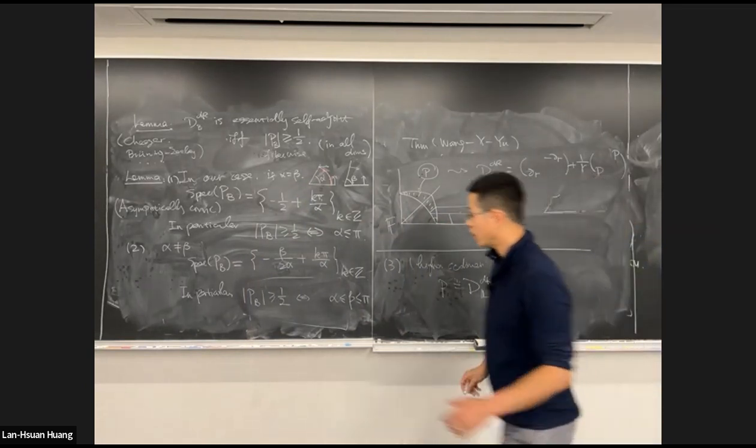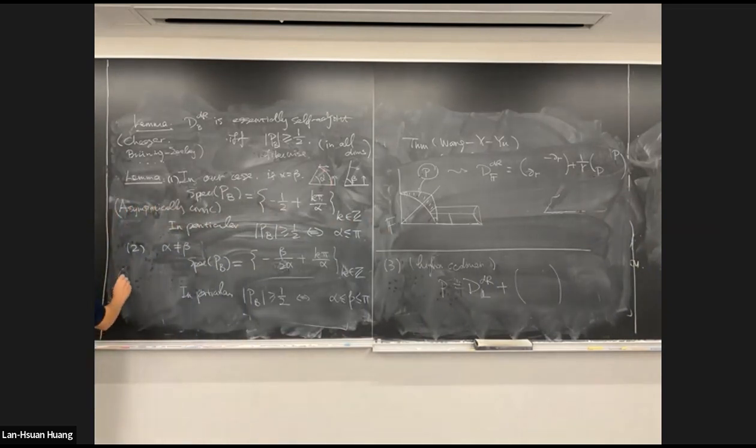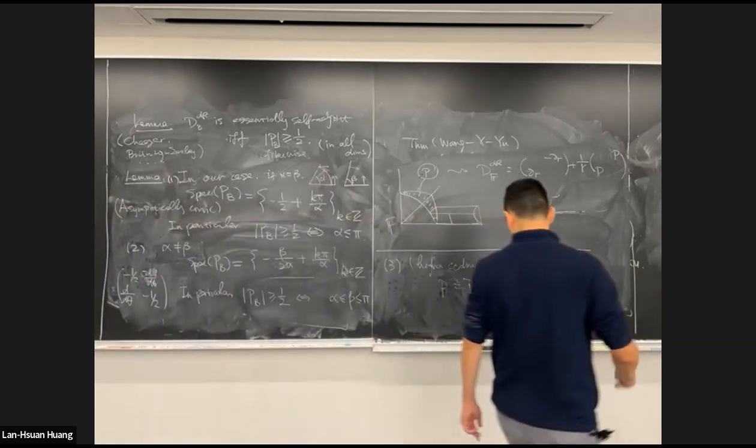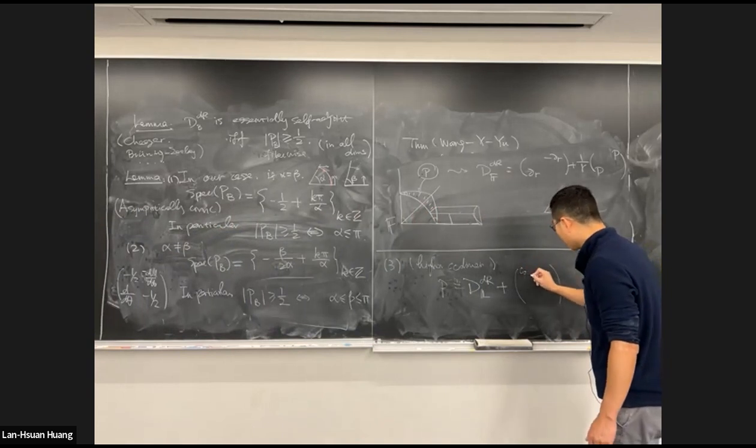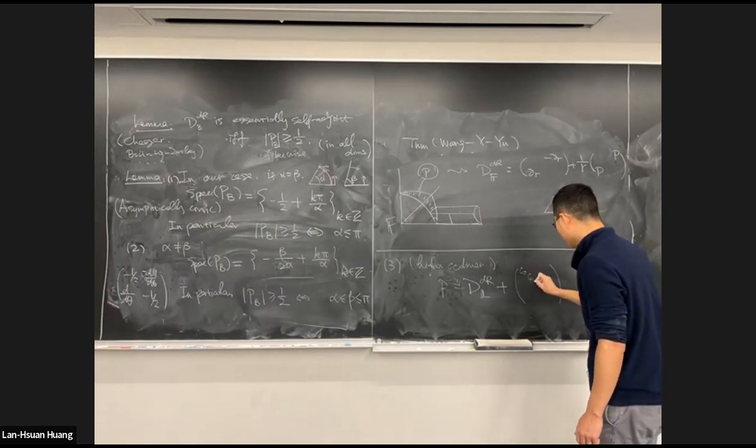As you already have seen in the two-dimensional case, there's a potential. By that I mean there's an extra diagonal term like this, d theta. So here is also some diagonal term, C0, C1.